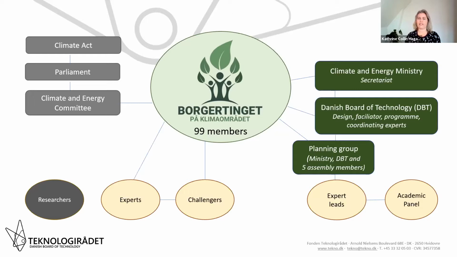Then we have an academic panel, one expert lead from the university. We have experts being called in to make presentations for the assembly, and we have independent researchers following the process.